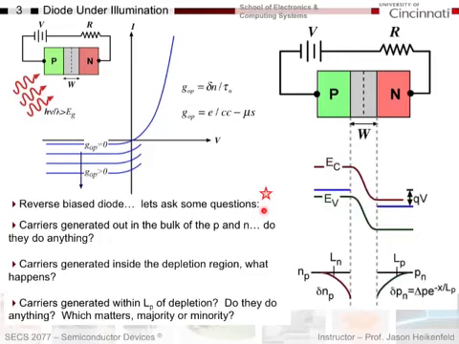So, carriers generated out in the bulk of the P in the N, way out here, far away from the depletion region edge. Do they do anything? If I have a photon of light come in and it generates an electron, so I have an electron up here, a hole here, is that going to do anything for me? Well, if you think about that, that's no different than having a semiconductor wafer just sitting on a table.